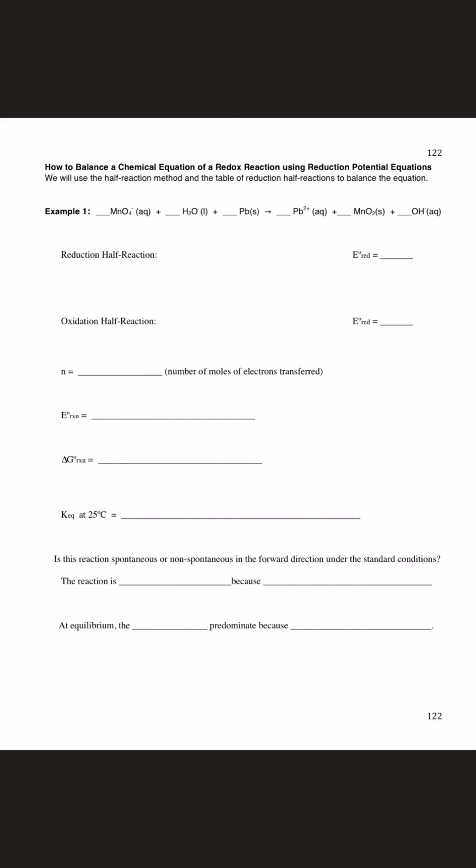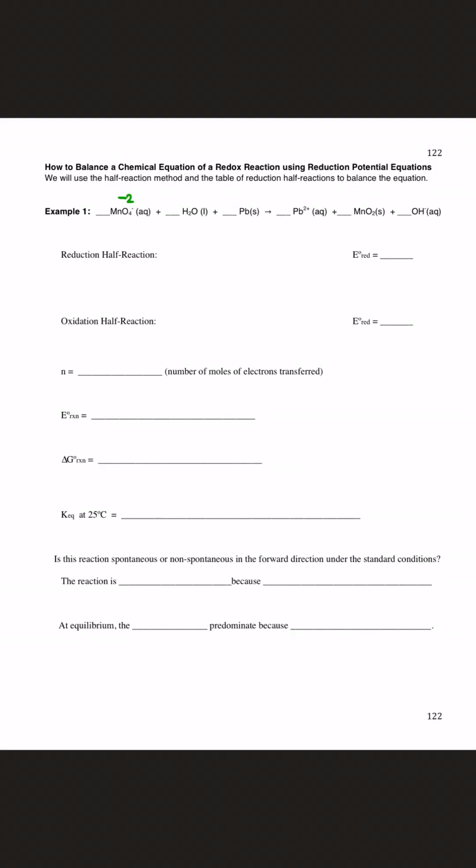Before we start with writing the half reactions, first we will need to determine which species loses electrons and which species gains electrons. So I'm going to go ahead and start with the permanganate ions. Okay, so oxygen would be -2 oxidation number. There are 4 of them, so the total would be -8. But in this case, the overall charge is -1.